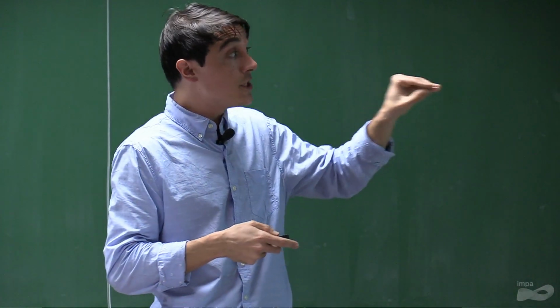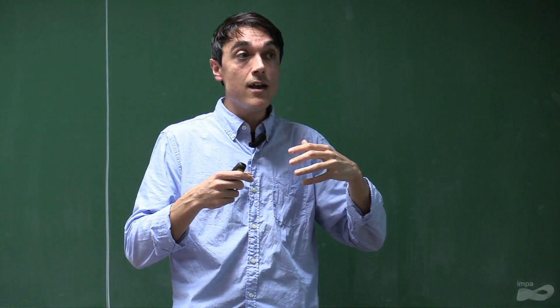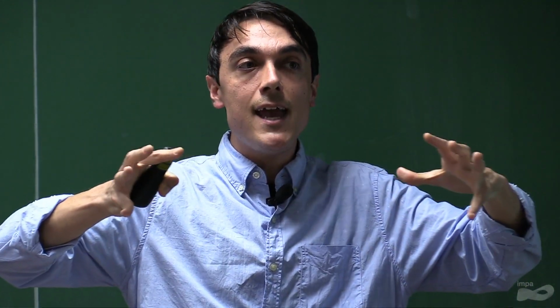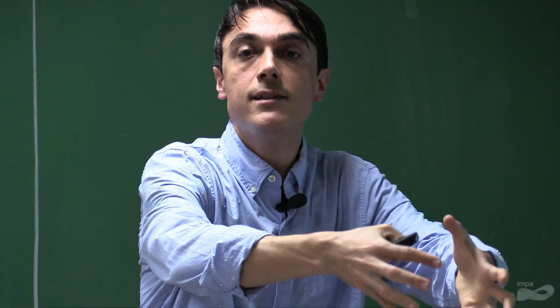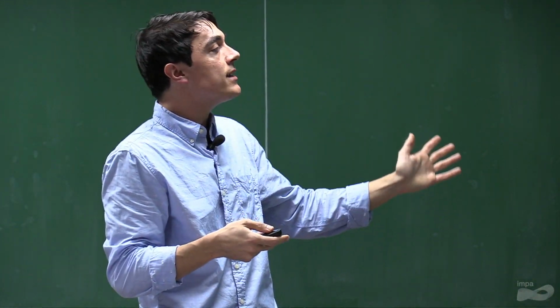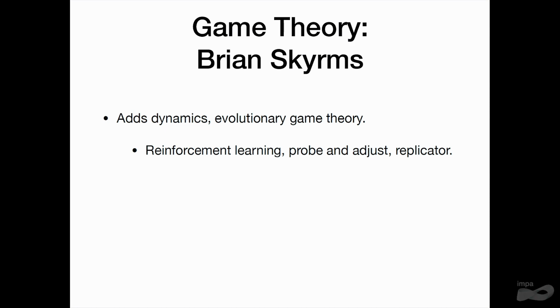But then Brian Skyrms, using dynamics, was able to say, well, with dynamics, we can get populations of agents playing games to converge to everyone playing the same equilibrium. And so he used several interesting dynamics like reinforcement learning, probe and adjust, replicator dynamics. A lot of these, like probe and adjust, are very low cognitive capacity for these mathematical agents making decisions. And so he's able to get a lot with very little, which was an important contribution to all of this.